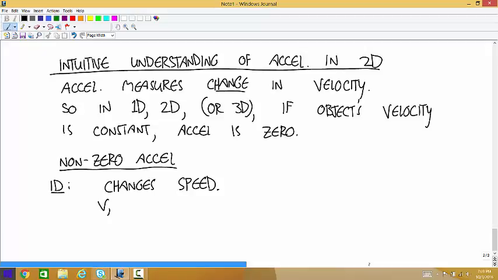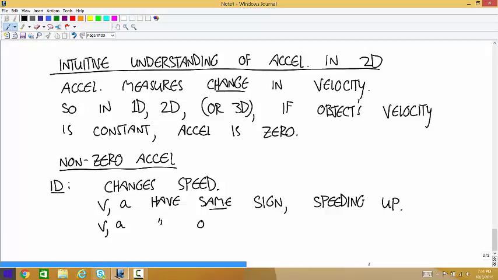If the velocity and the acceleration have the same sign, the object is speeding up. And if velocity and acceleration have opposite signs, the object's slowing down.